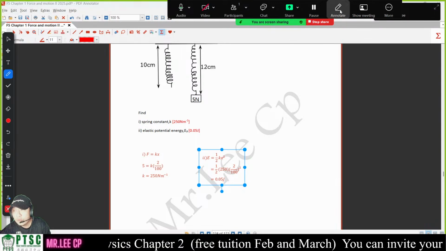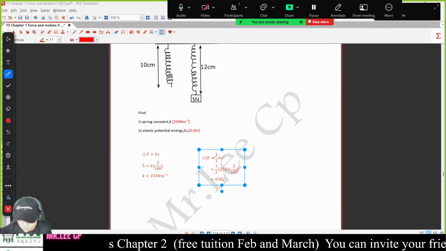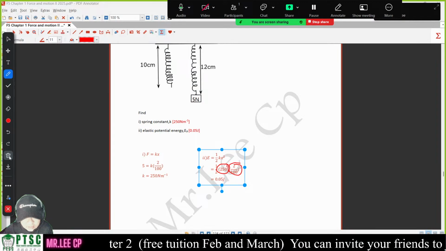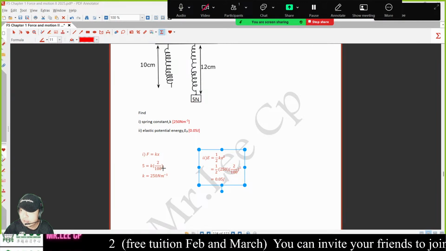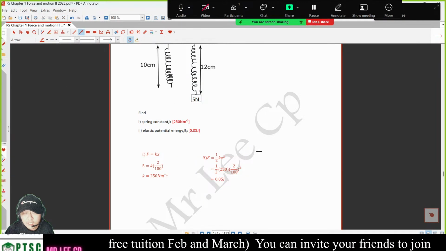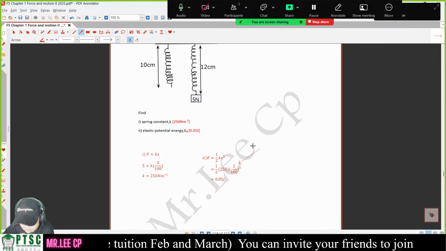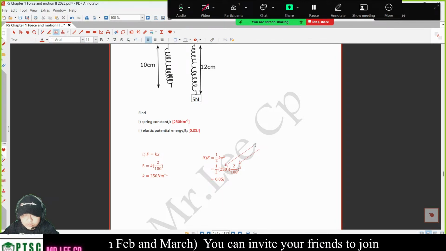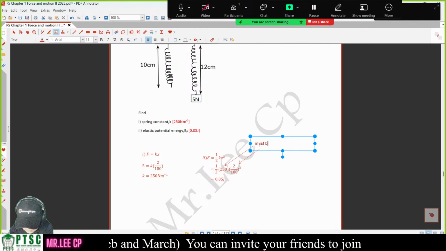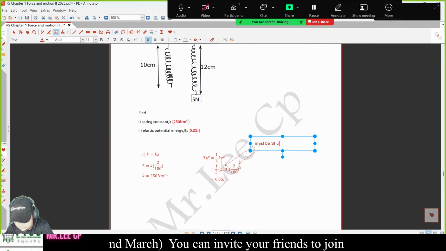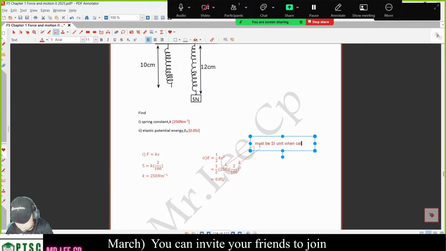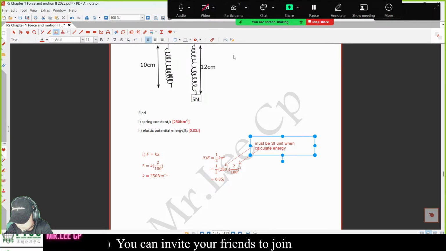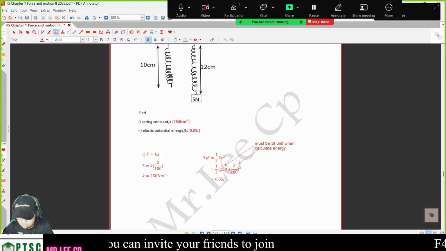Now remember, this one must be in meter. This one must be Newton per meter. This one must be in meter when you calculate energy. Must be SI unit.